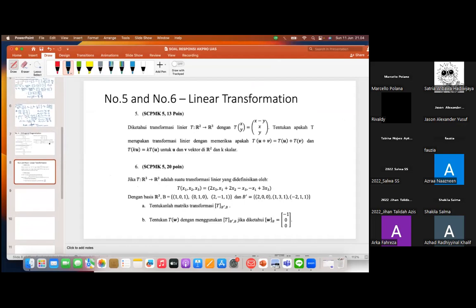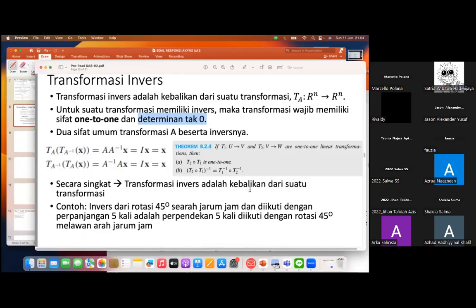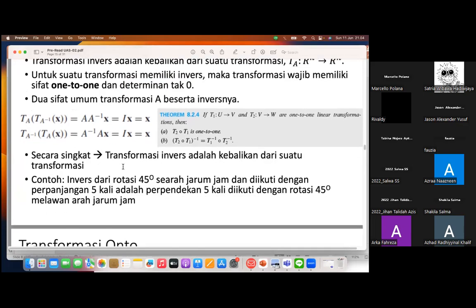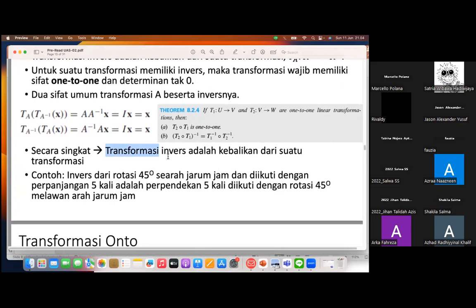Okay. Next is proving. Basically, this is the same concept of inverse: if we change the order of the composition between A and its inverse, we're going to get the same result. So it doesn't matter. To put it simply, an inverse transformation is the reverse of a transformation.